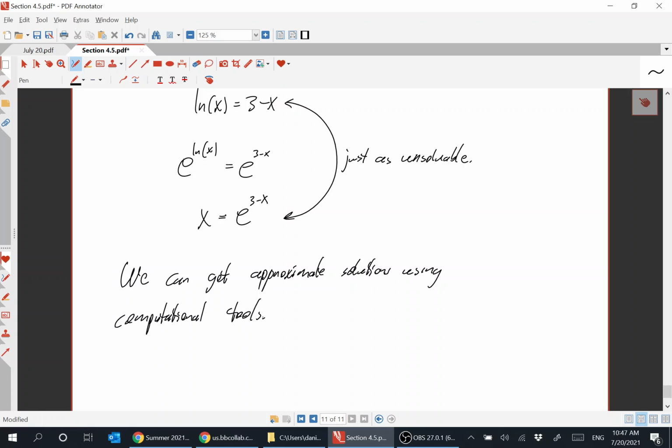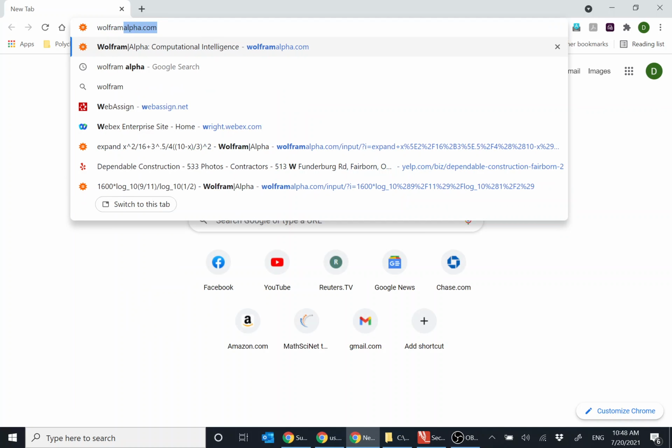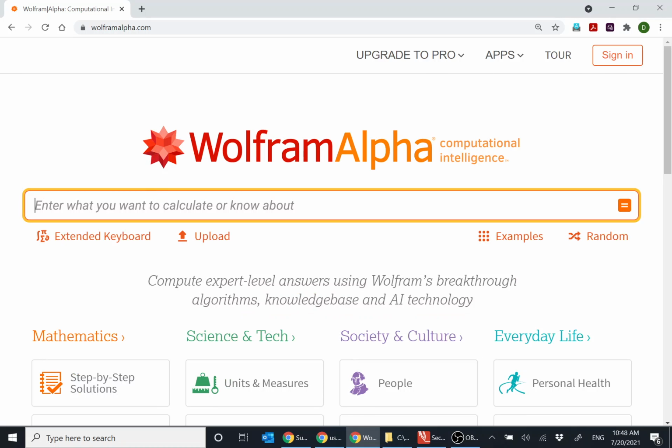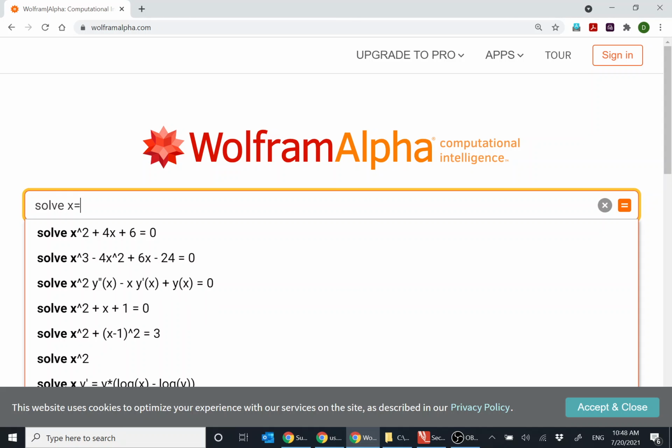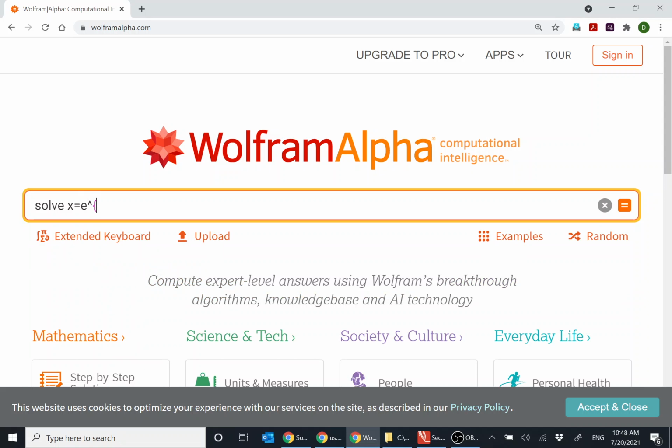So, for example, Wolfram Alpha is a nice one for this kind of thing, if it ever comes up. So solve x equals e to the 3 minus x.